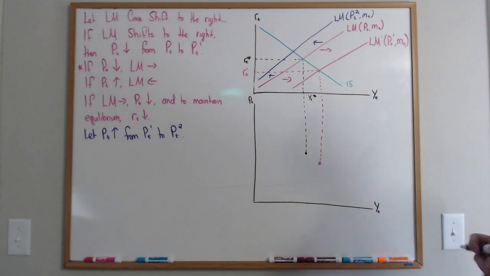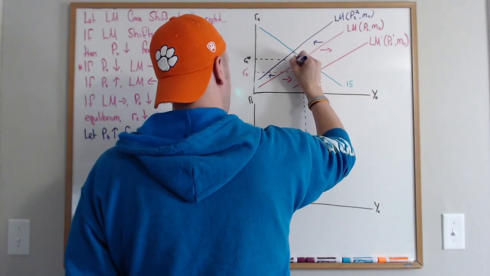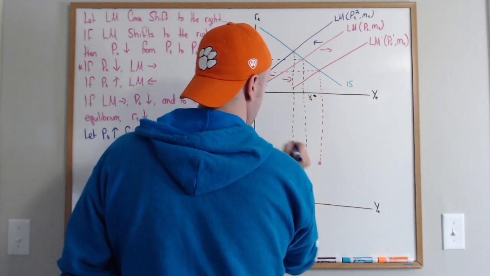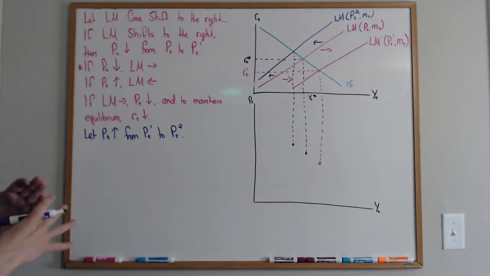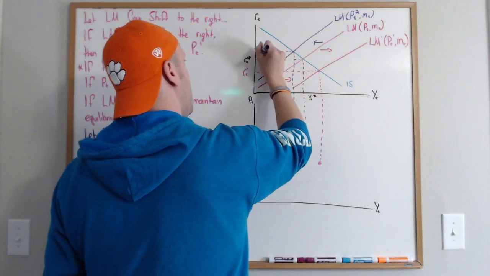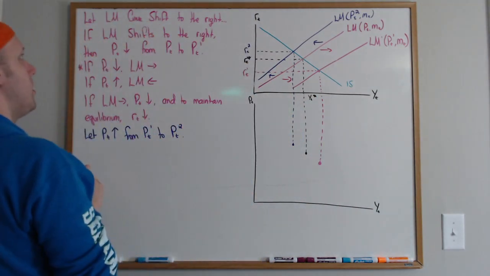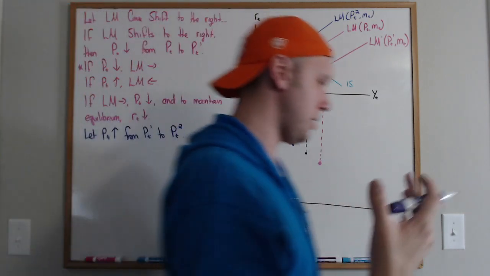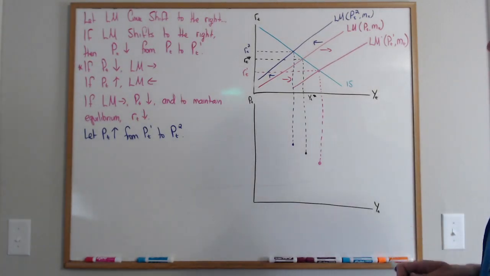So if the price level goes up, the LM curve is going to shift in. And to maintain equilibrium along that IS curve, where the two are intersecting, the interest rate is going to go up. So if the real interest rate goes up when the price level goes up in response to changes in monetary policy, the real interest rate is going to go up, right?